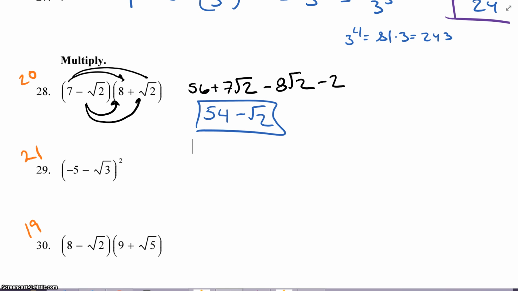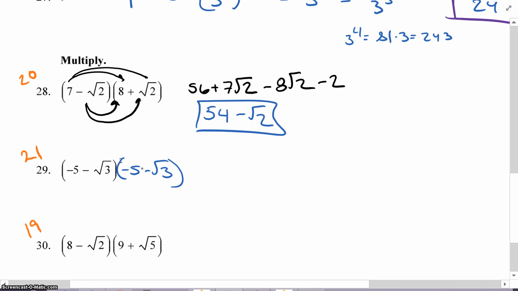Next problem. Negative 5 minus root 3 squared. So I'm just going to write negative 5 minus root 3 right next to it. We could use a shortcut, but let's not worry about that. So negative 5 times negative 5, we're just going to FOIL. Negative 5 times negative 5 is 25. Negative 5 times negative root 3 is positive 5 root 3.